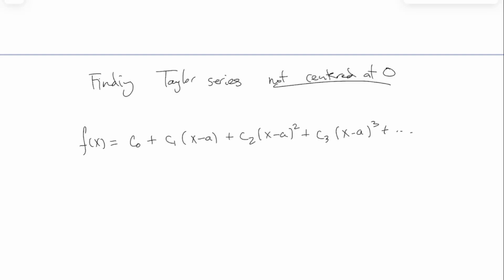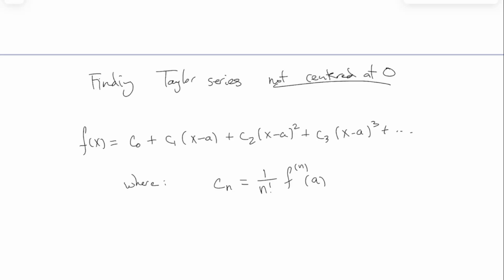If I ask you to find the series, really what I'm asking is to find those coefficients, and those coefficients are given by, this is what we call Taylor's theorem, 1 over n factorial times the nth derivative of f at a, not x minus a.